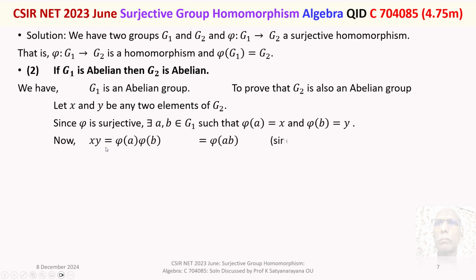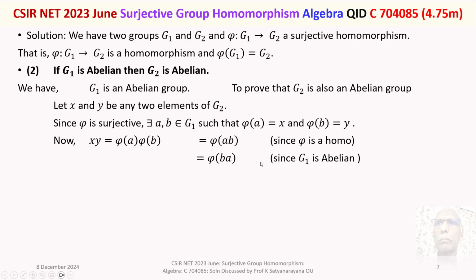Now xy, the product, is equal to phi of a times phi of b. Because phi is a homomorphism, it is phi of ab. Now where are these a and b coming from? G1. G1 is abelian. Therefore ab is equal to ba. So this is equal to phi of ba.